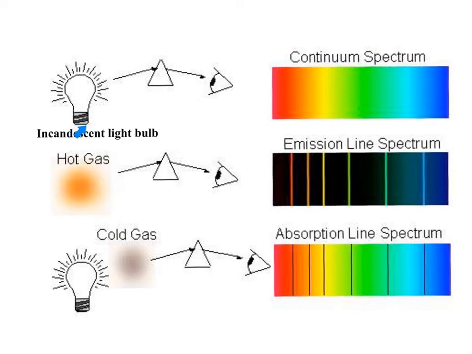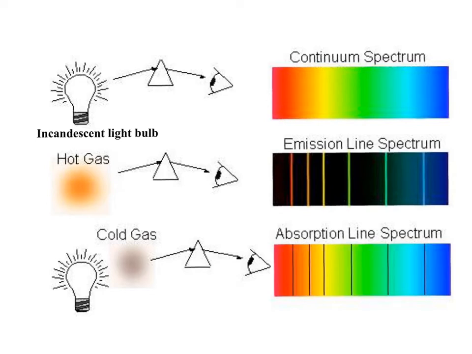So when an incandescent light source gives off electromagnetic radiation and that electromagnetic radiation is dispersed or split up into its individual frequencies, either by means of a prism or by means of a diffraction grating, then we get a continuous spectrum. We've spoken about this before.